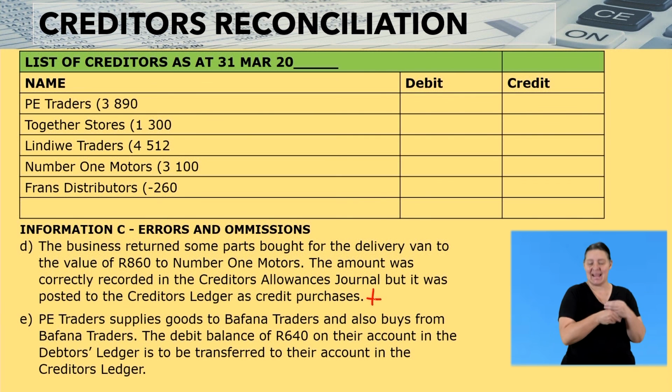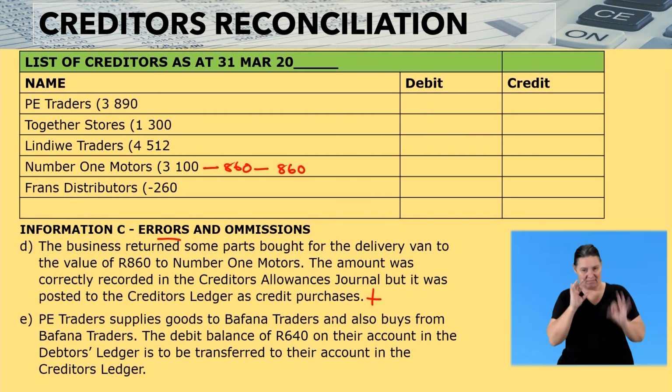Purchases are added, yet returns are subtracted. That means we need to come now to number 1 and reverse the purchases that were recorded incorrectly. We will now say minus 860. We have cancelled that incorrect entry, and then we record the proper entry minus 860 again.